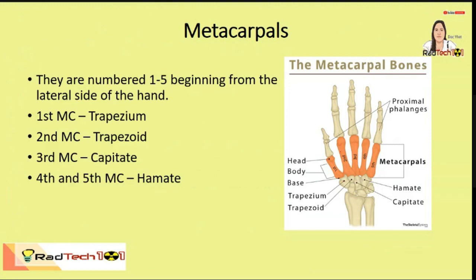First metacarpal bone is attached to your trapezium. Your second metacarpal bone is attached to your trapezoid. Ito siya. Your third metacarpal bone is attached to your capitate. Ito. And your fourth and fifth, they are both attached to the hamate. Okay?